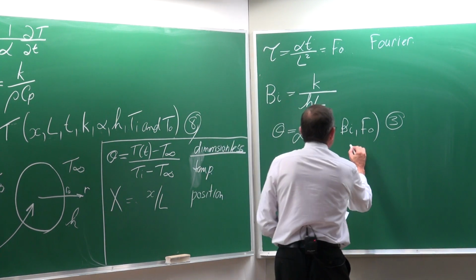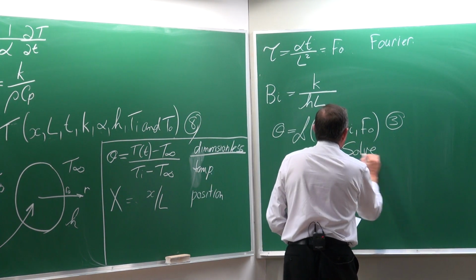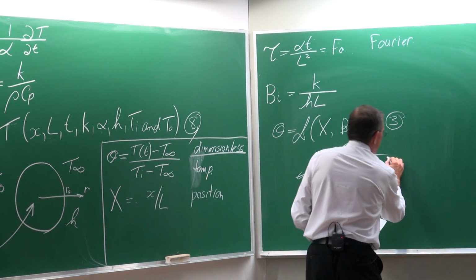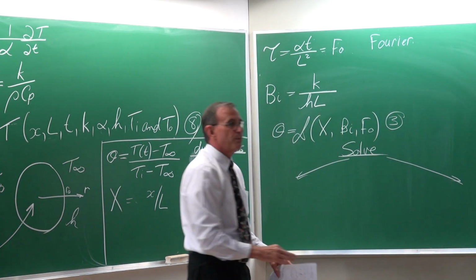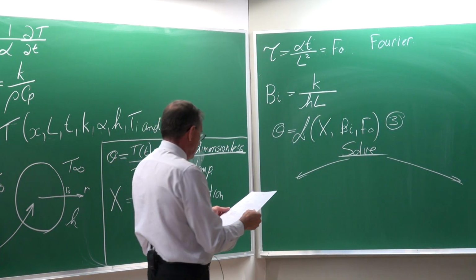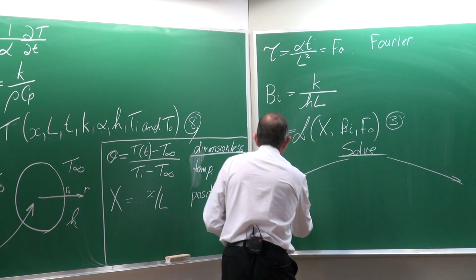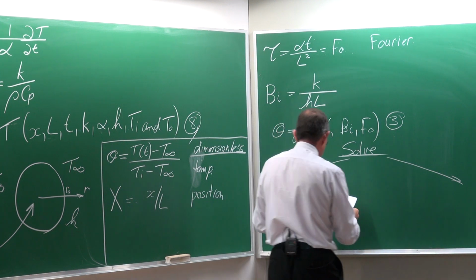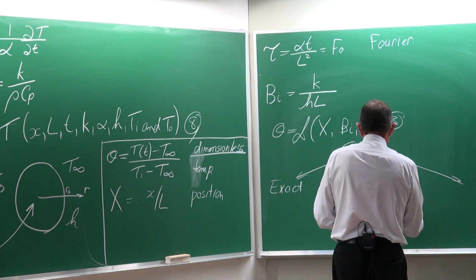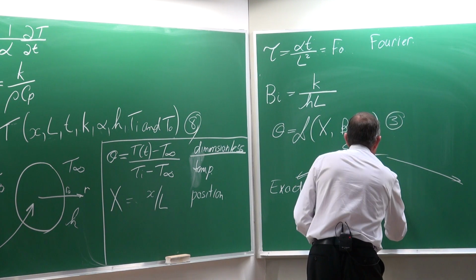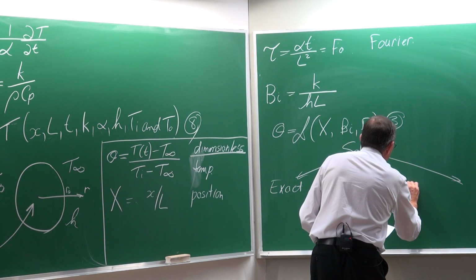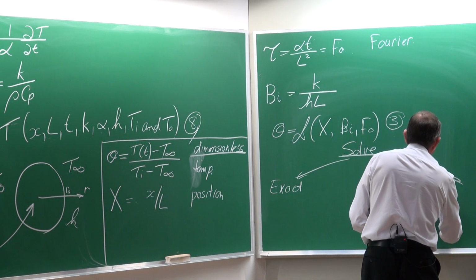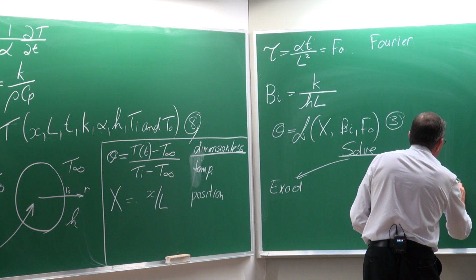Right, now to solve this, there are 2 possibilities. The one, which is in the first part of table 4.1, is a sort of an exact equation. And then there are approximate analytical equations as well as graphical solutions.